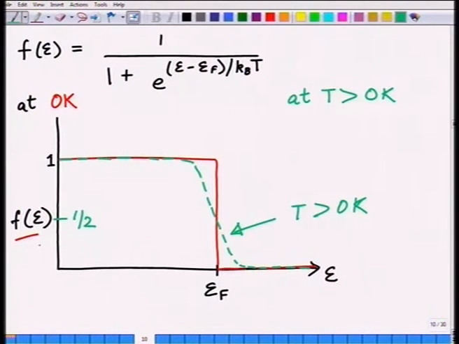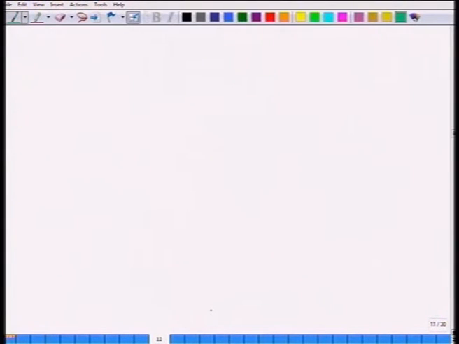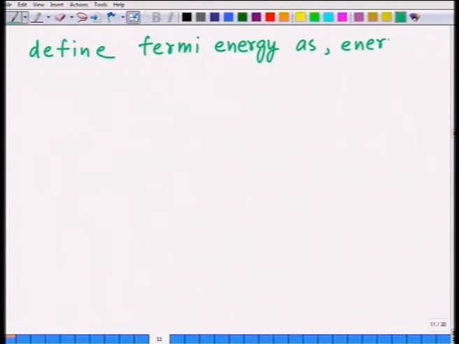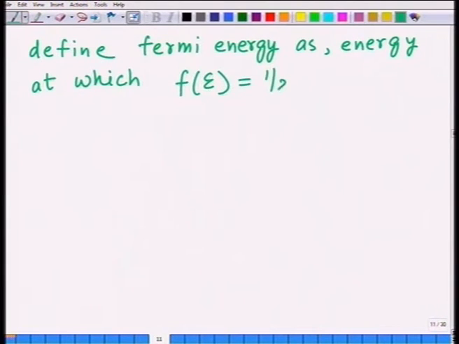So another definition now of Fermi energy. We can define Fermi energy as that energy at which the probability of finding an electron is equal to half.